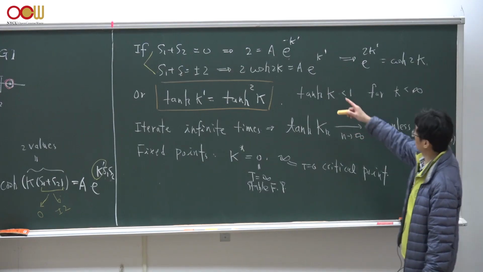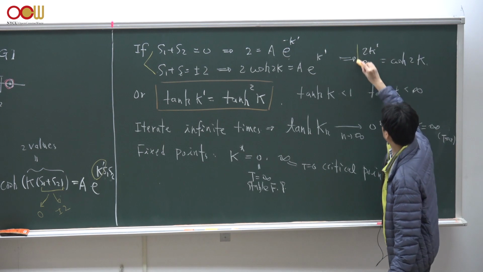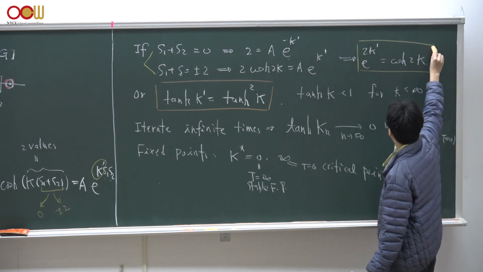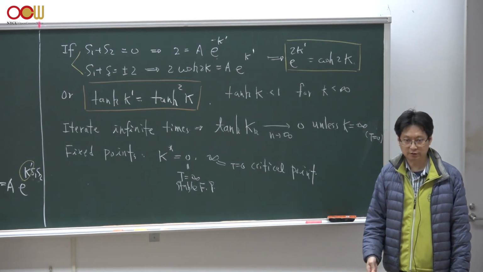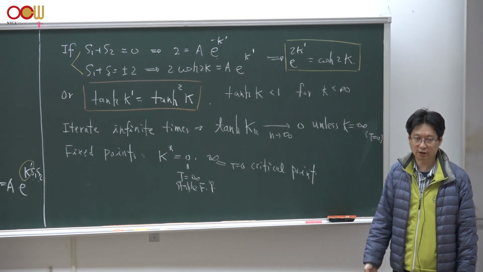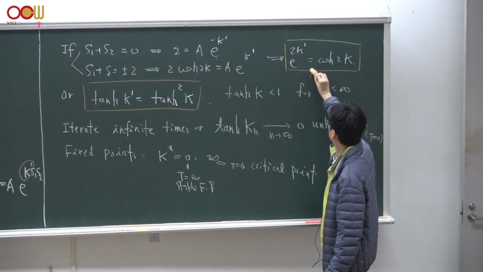Okay, so you can just combine these two conditions and you get this relation, the so-called RG recursive relation between the unrescaled coupling constant and the rescaled coupling constant. So K prime is a function of K through this equation here.